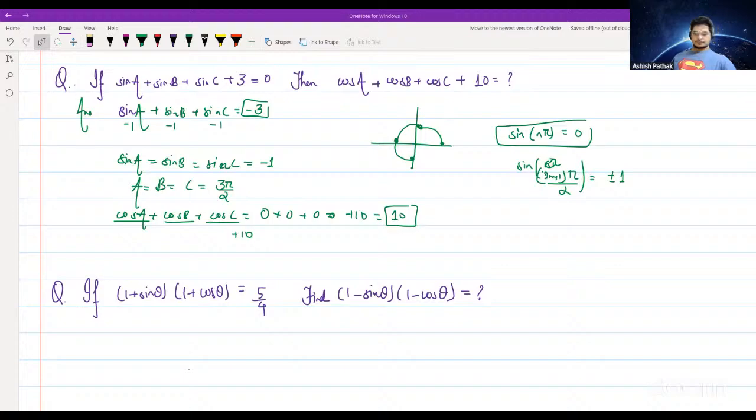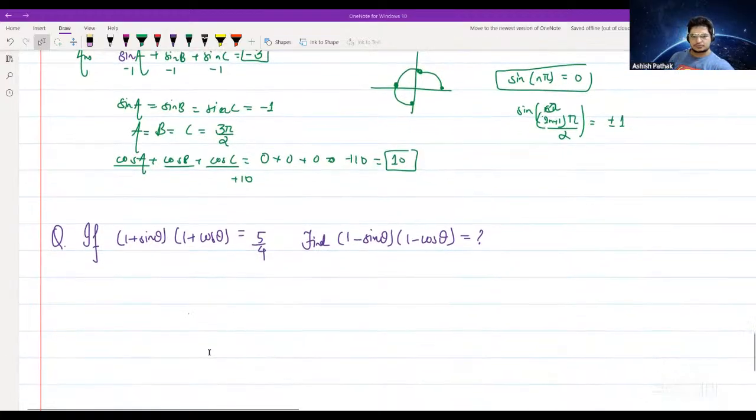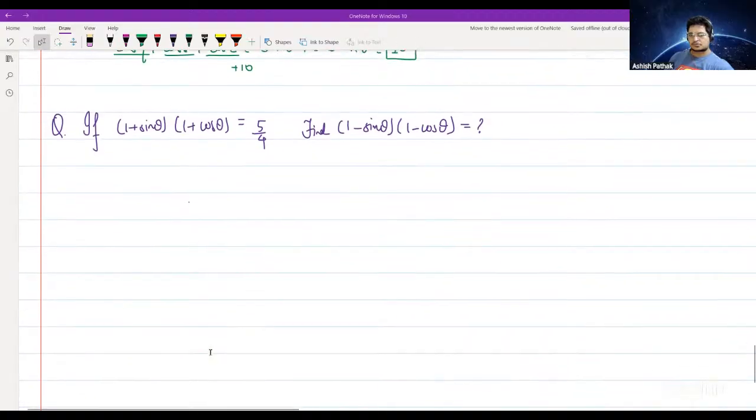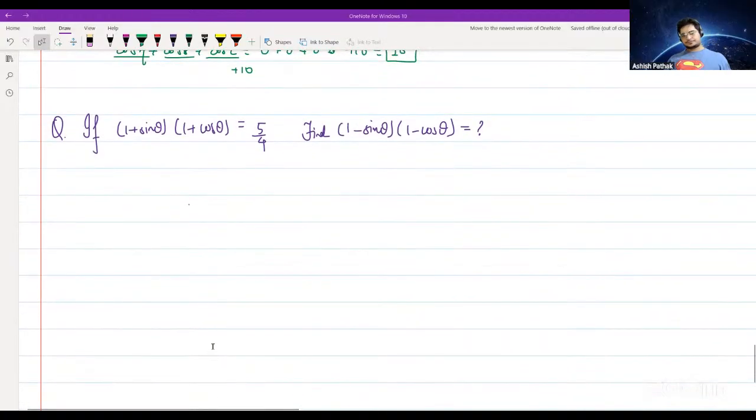Have you found the answer of this one? So if I write it like this, let's see.